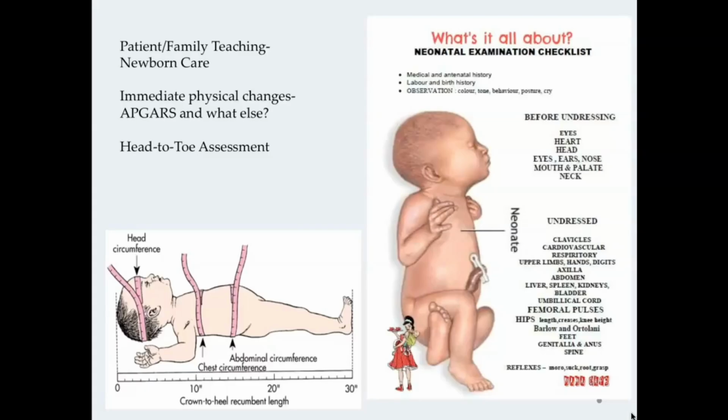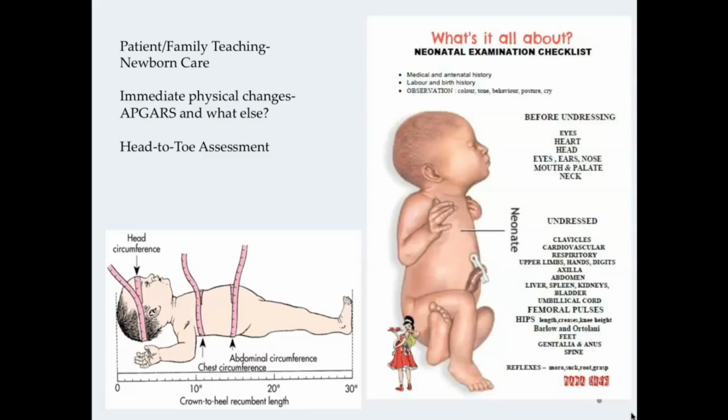So you're starting up at your head where you're checking the shape, whether it's round, if they have any molding, caput, cephalhematomas, if their head is symmetrical, if it's a normal head circumference, so is it smaller or larger than what it normally should be. You're checking their eyes to make sure that they're reactive.